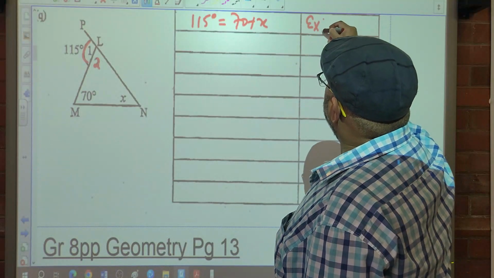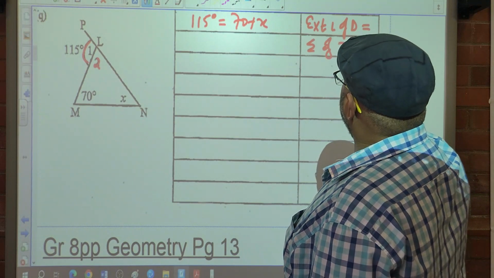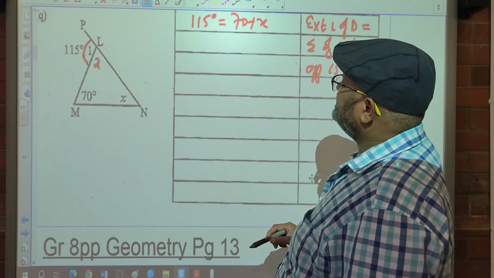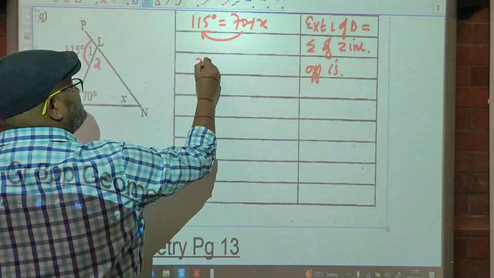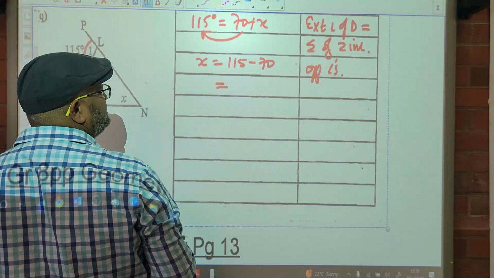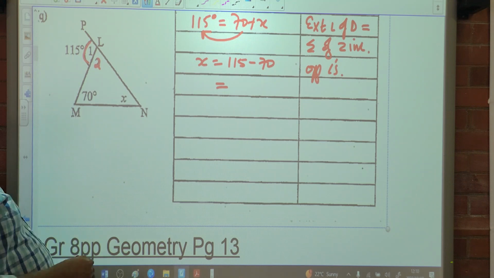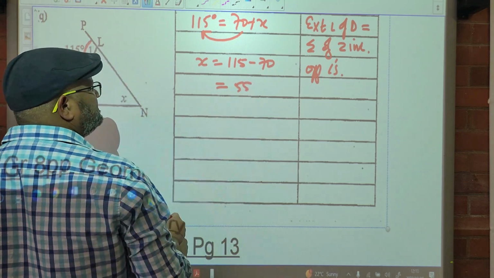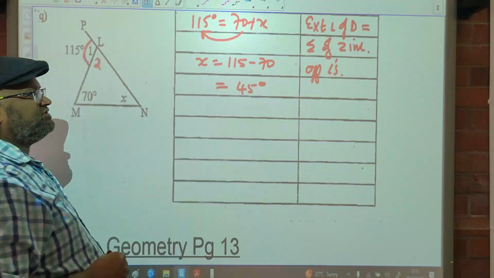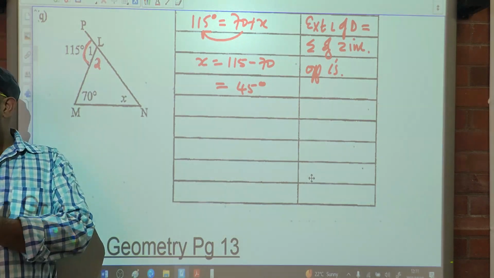Why? Exterior angle of triangle is equal to the sum of the two interior opposite angles. x is equal to 115 minus 70, which is 45. Any confusion there? No?